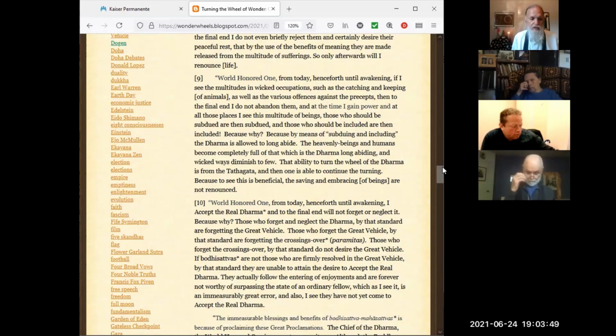But I like it as a very much unselfish or unego way of looking at the turning of the wheel. It's not just us turning the wheel on our own. The ability comes from the wheel of the Dharma being turned from the Tathagata perspective, and then we are able to continue the turning.